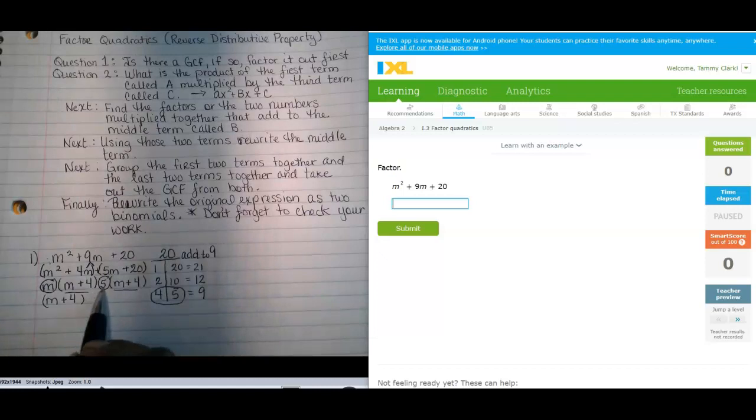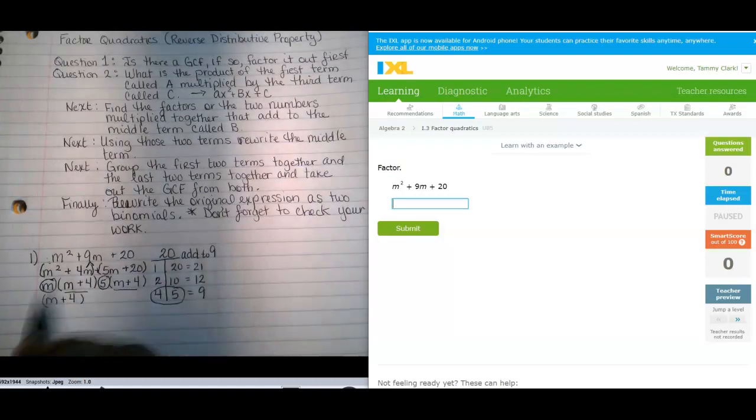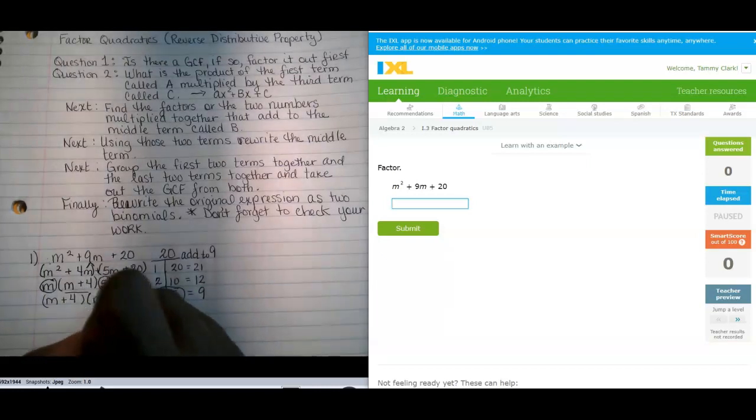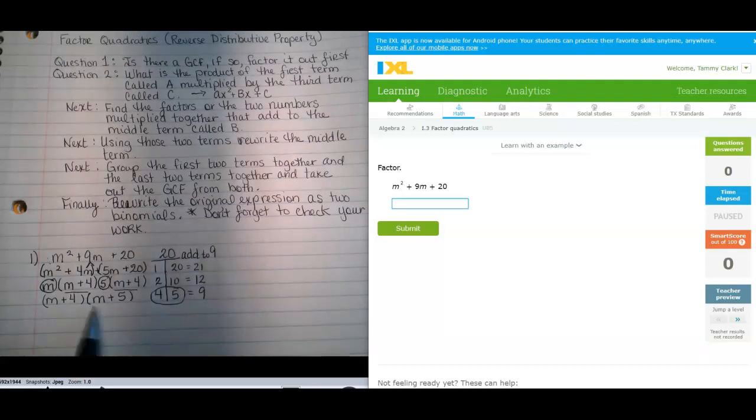It's plus 5 because 5 is a positive number. So the numbers and the letters that I have circled, that's going to be the other factor. So now I've got m plus 4 multiplied by m plus 5. Now, if I have done this correctly, when I distribute, then I should get this answer.